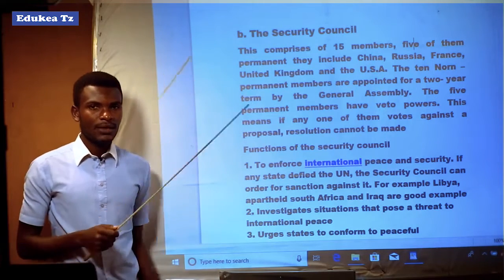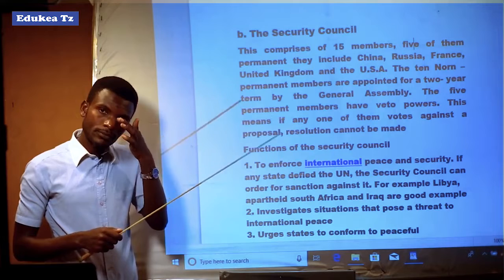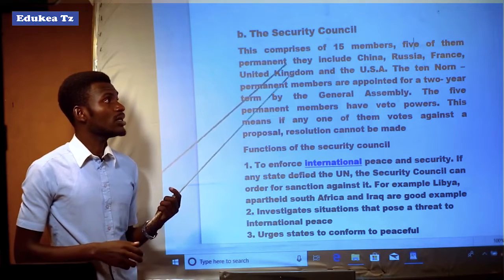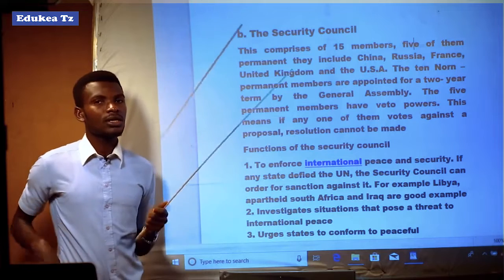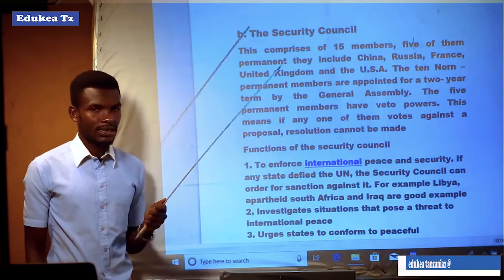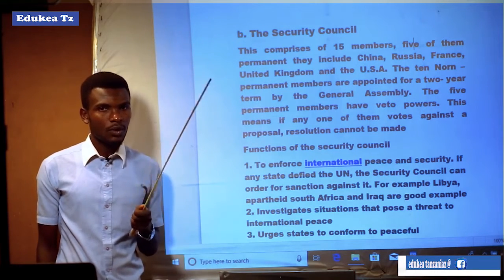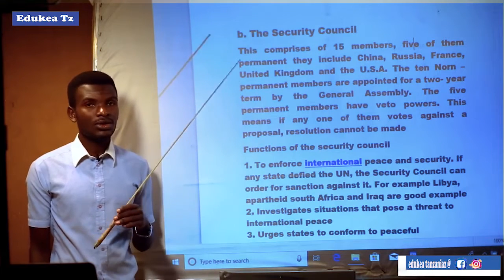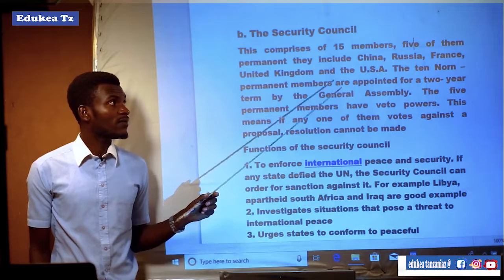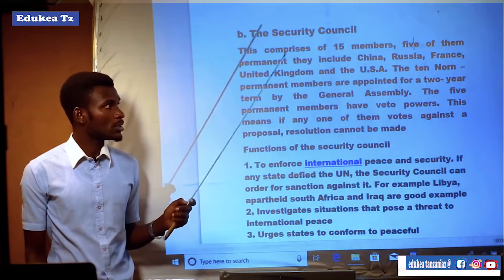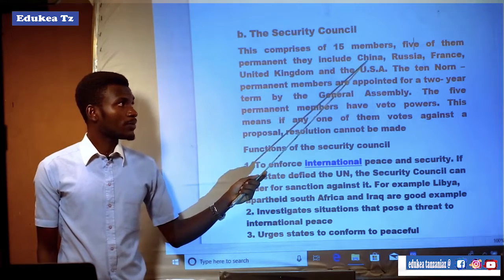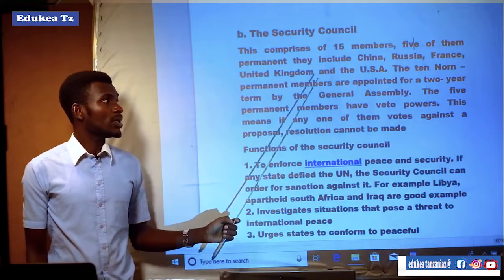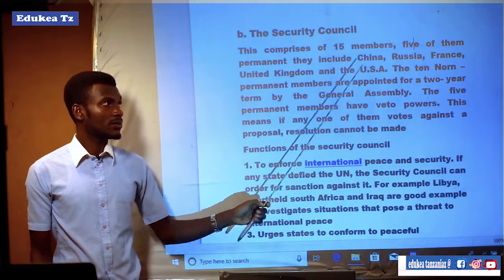It means that when it was formed, it included 15 members, and 5 of those Security Council members are the 5 superpowers of the world, known as China, Russia, France, United Kingdom, and the United States of America.